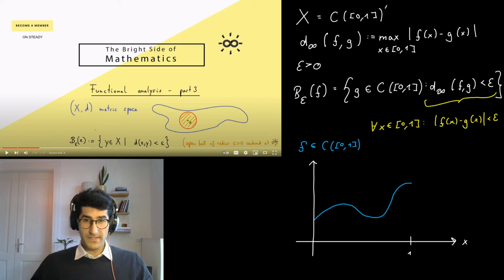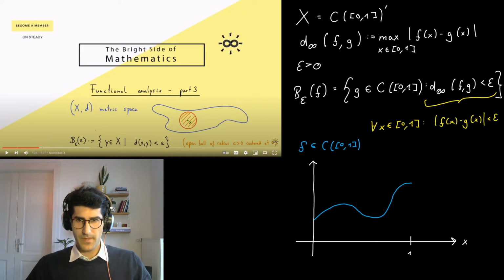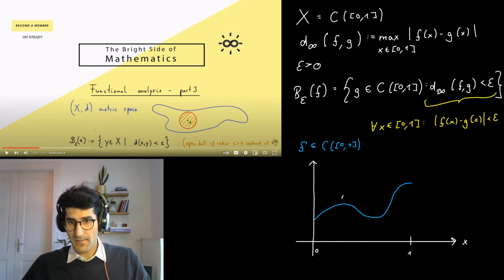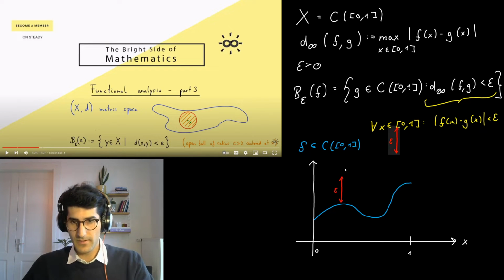Now the epsilon ball around f. A function lies in the epsilon ball if at each point in the unit interval from 0 to 1, I am not differing more than the value of epsilon. It is an absolute value.